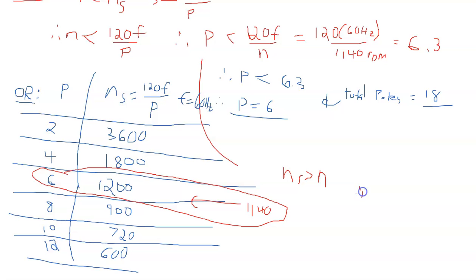Therefore, if N is 1140, then I know that NS is 1200, because the rest of them give me slips which don't fit in our induction motor theory. So that means that I can logically conclude that P is equal to 6, and that the total poles is equal to 18.